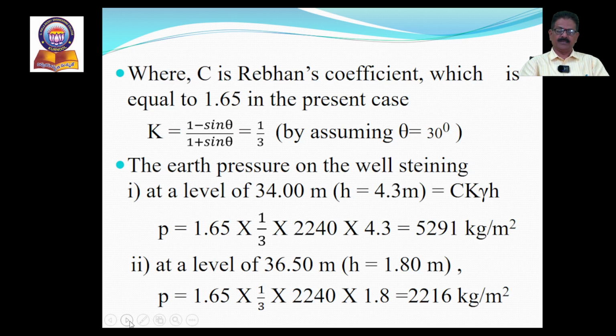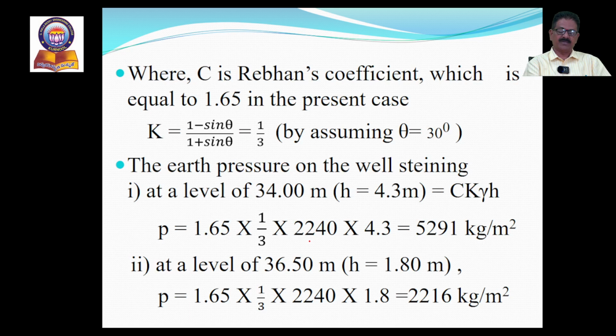Accordingly, we can calculate the earth pressure P, where one coefficient C is 1.65 and another coefficient K is 1 by 3, as I just explained, and 2240, as calculated earlier, is the unit weight of saturated earth. As we assumed, this value 2240 is the unit weight of saturated earth, gamma.